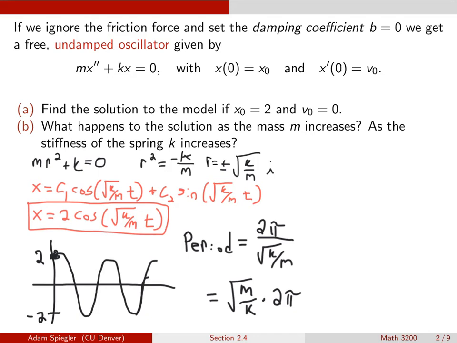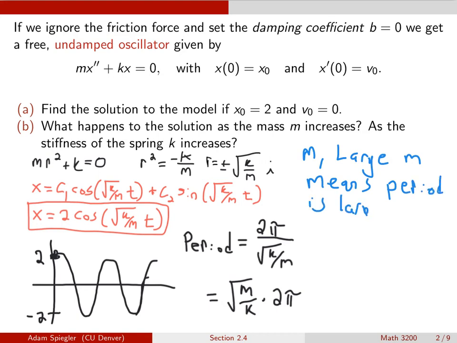So if we first take a look at the constant m, when m is large, that's going to mean that the period becomes larger. And actually, the frequency of oscillation, therefore, becomes smaller and smaller. So the larger that m becomes, the more time it's going to take between it going from its max to its min back to its maximum.